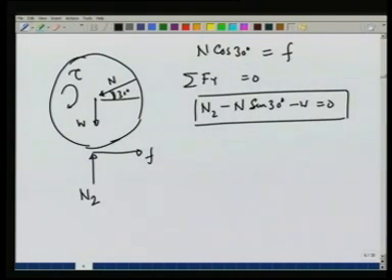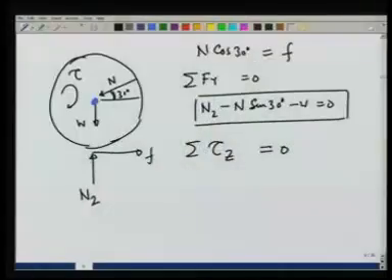And third condition for the torque is summation tau about z is equal to 0. Let me take the torque about the center of the wheel right here shown by blue. If we do that, the torque due to normal reaction N due to this force vanishes.